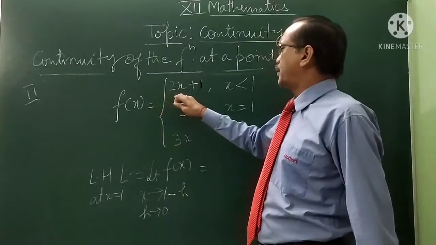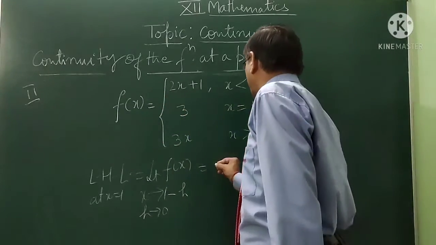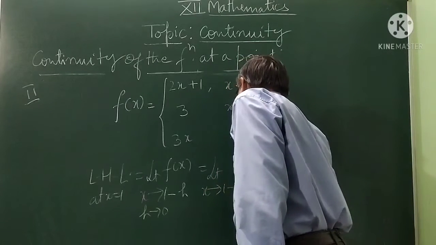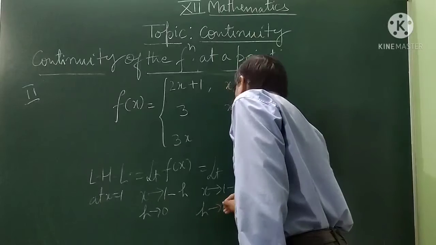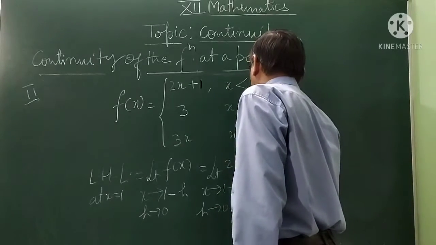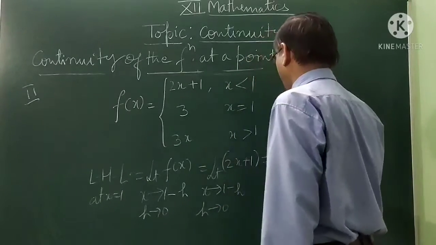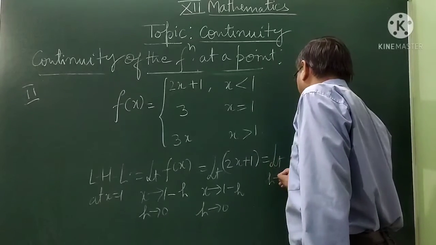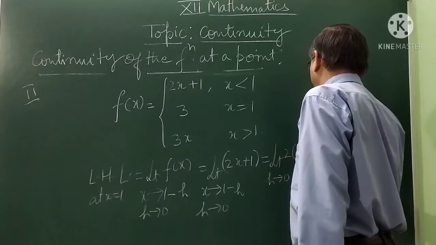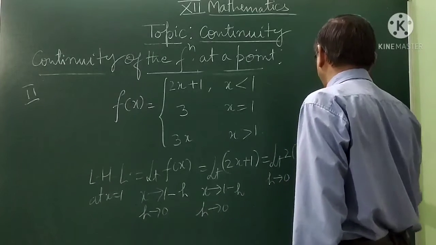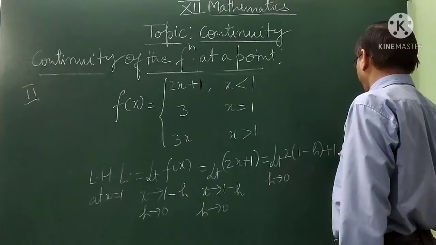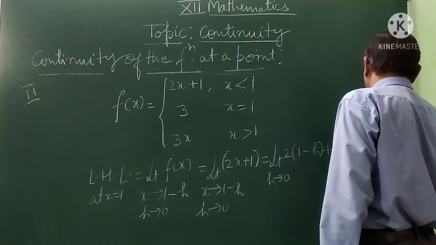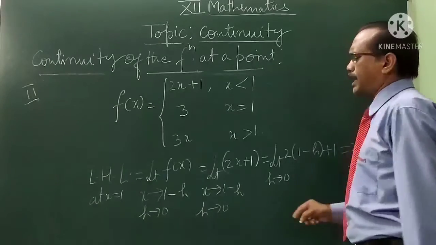So we put the value of x and h tends to 0: 2 into 1 minus 0 plus 1, it is 2 plus 1, or 3. It is the left hand limit.